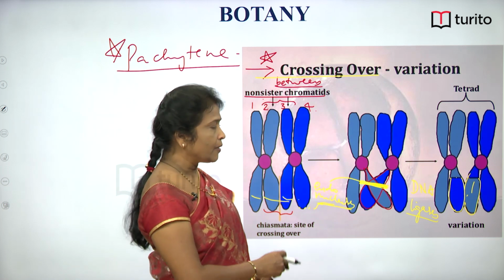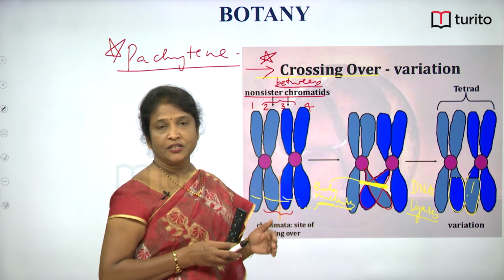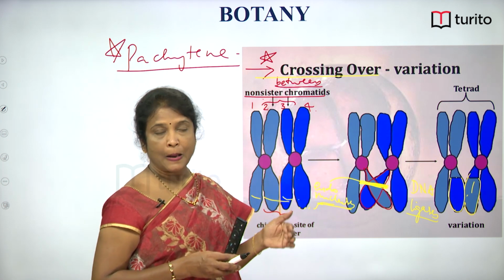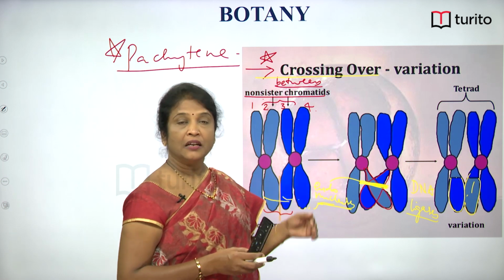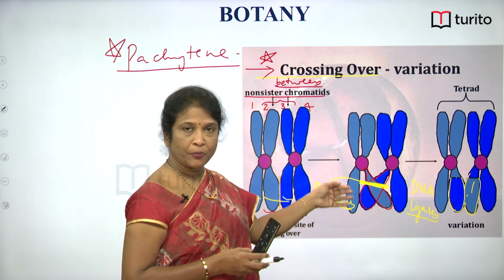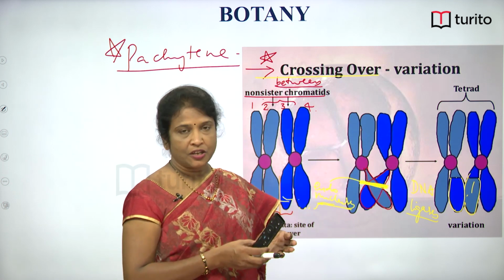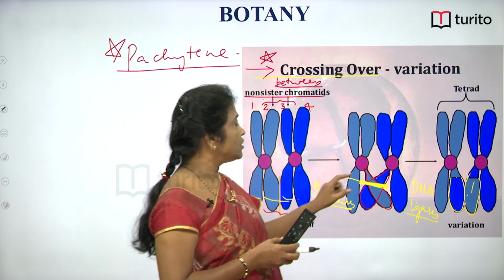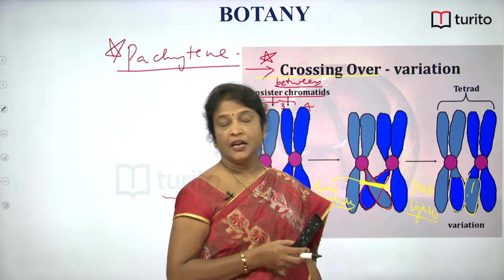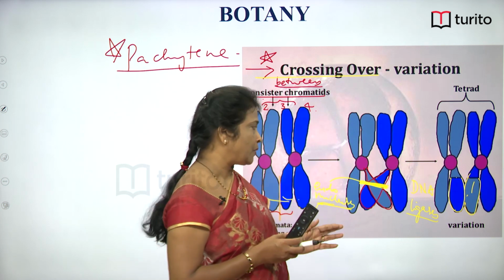They cross over, and at the region of crossover, the action of endonucleases breaks the chromatid segments by breaking phosphodiester bonds, and later they undergo the rejoining process. DNA ligases are of course involved to rejoin the chromatid segments, but at the time of rejoining, exchange of chromatid segments between non-sister chromatids takes place.